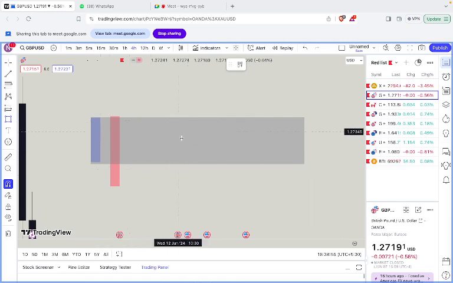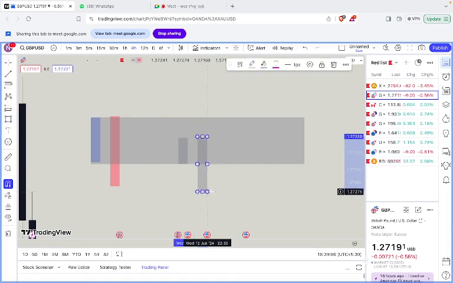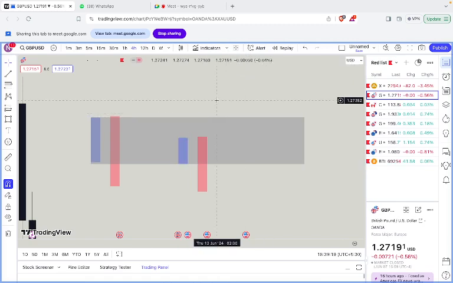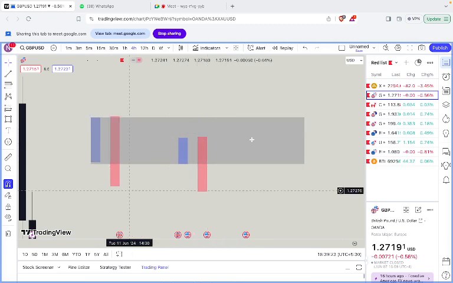Okay, it's clear. Now let's imagine there is another engulfing cell here. Now see, we have another engulfing cell which is inside this engulfing cell, right?